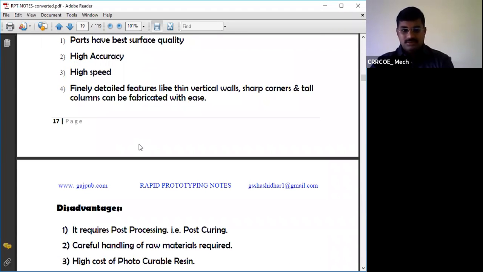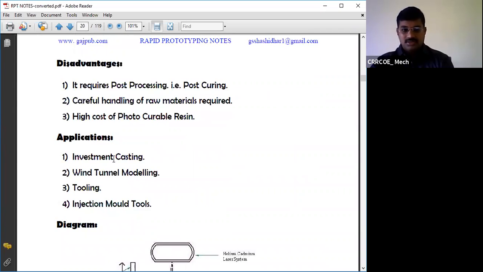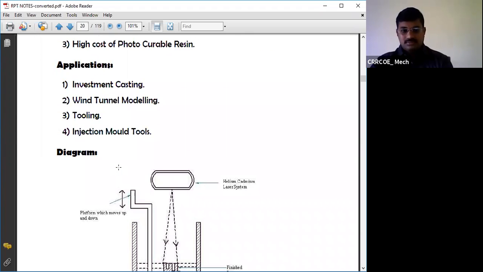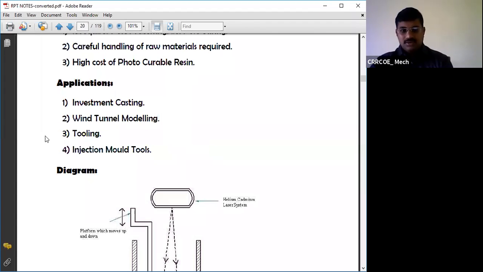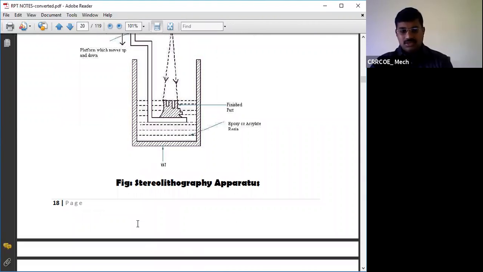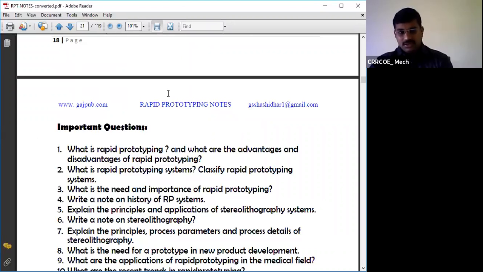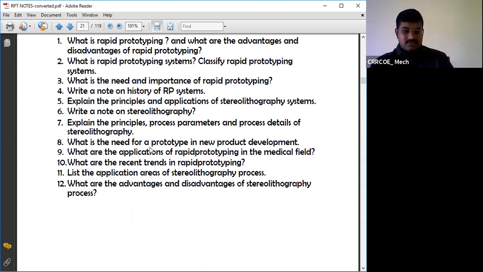Then the applications for SLA: investment casting, wind tunnel modeling, tooling, injection mold tools. So these are the different types of questions we may expect in the examinations from the liquid-based rapid prototyping technique, that is the SLA technique.